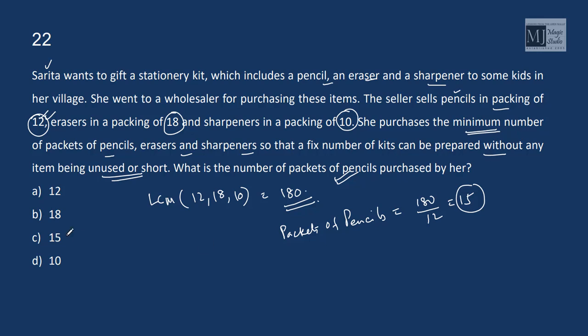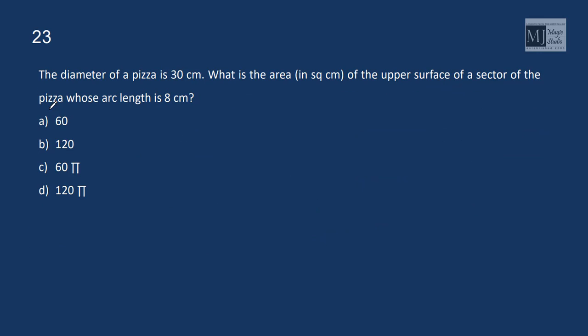that is 15. The diameter of a pizza is 30 centimeter, that means twice radius is 30, radius is 15. What is the area of the upper surface of a sector of a pizza whose arc length is 8 centimeter? This is 8 centimeter, we need to find this particular area.